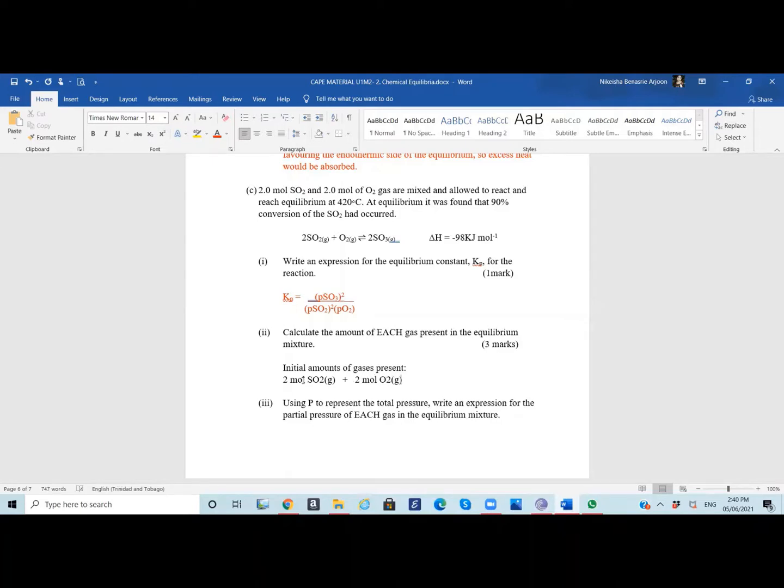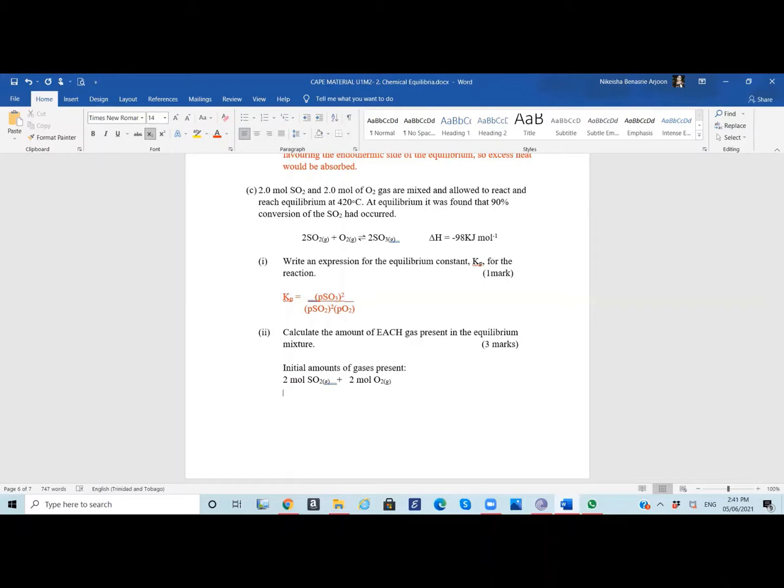So at the beginning of this reaction, they mixed 2 moles of SO2 gas and 2 moles of oxygen gas. So initially, they mixed 2 moles of SO2 and 2 moles of oxygen.